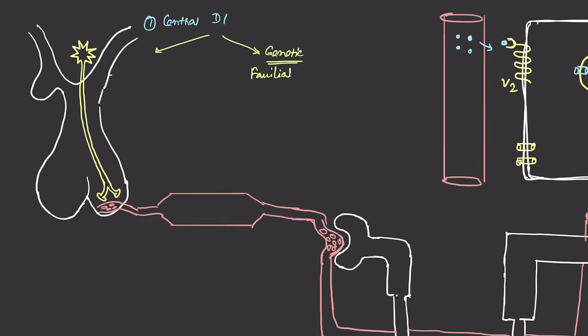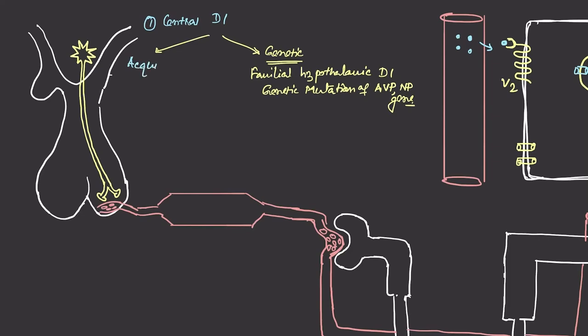The most important genetic cause is familial hypothalamic diabetes insipidus, where there is genetic mutation of the arginine vasopressin and neurophysin gene, ultimately resulting in decreased synthesis of the ADH.